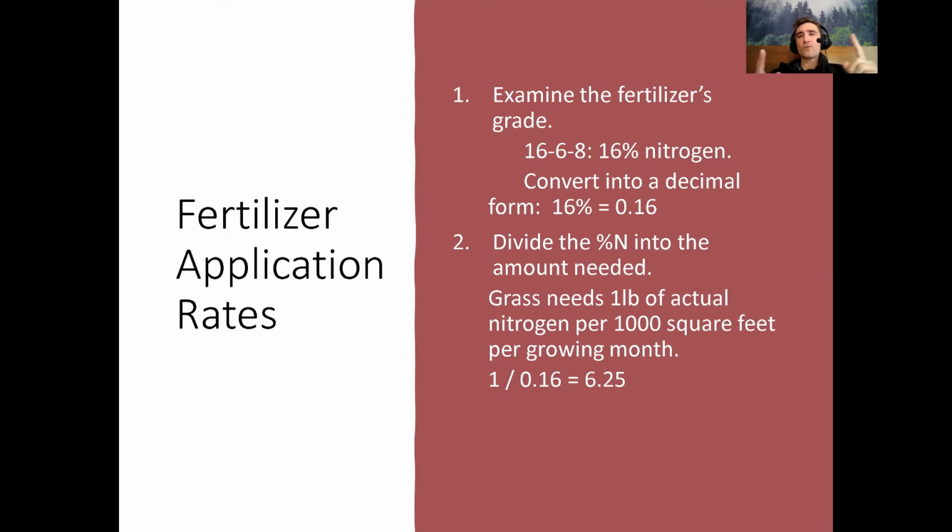For every 1,000 square feet every month. You can figure out how many times in a 50-pound bag you'll be able to apply that, and you'll use a little scale. You'll weigh out 6.25 pounds of material, and then you'll put it in your spreader, and you'll apply it each month over the given area.